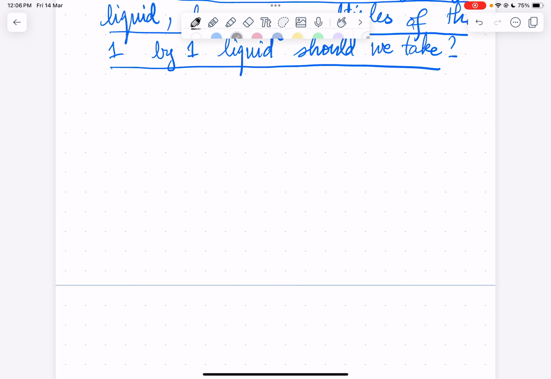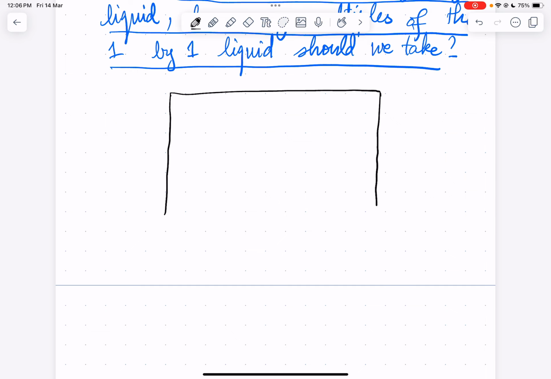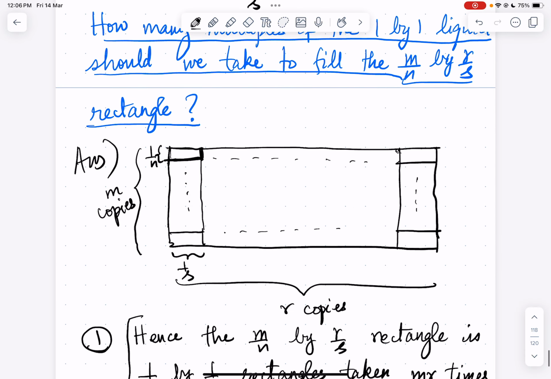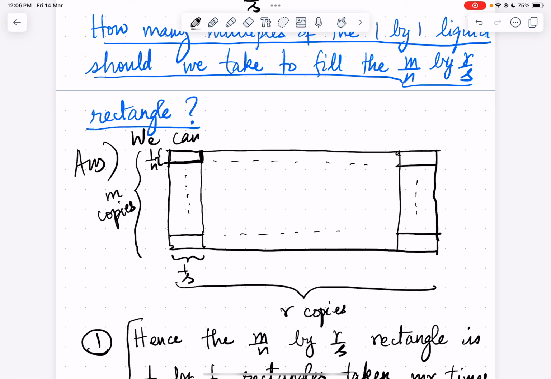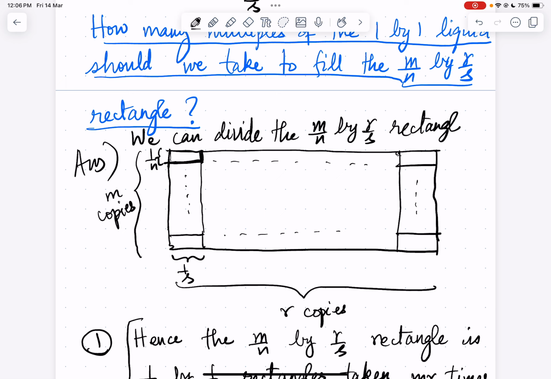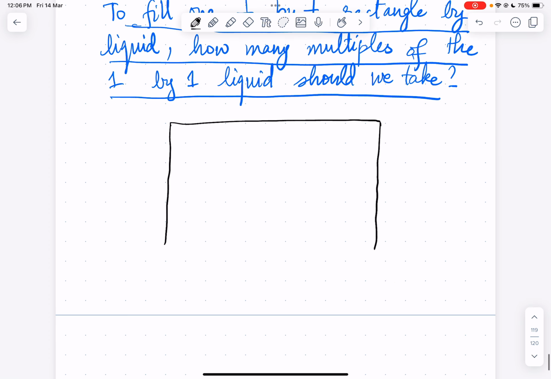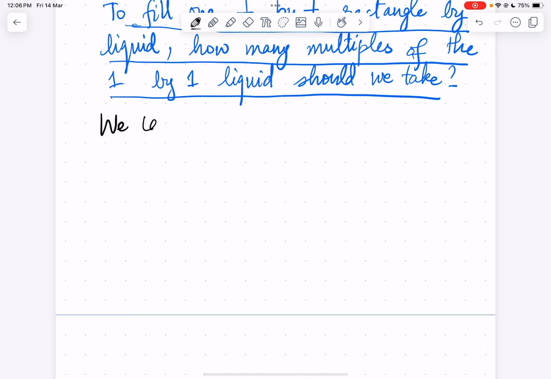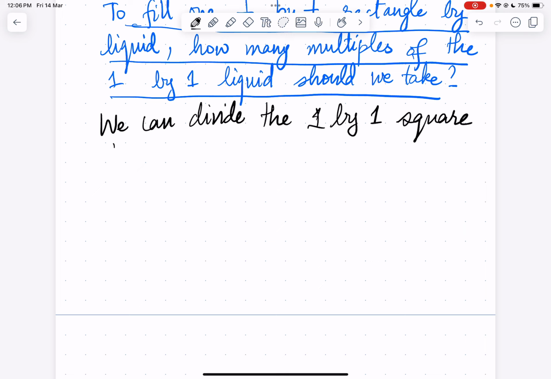Now we can divide the 1 by 1 square. We can divide the m by n by r by s rectangle like this, and now we can divide the 1 by 1 square as follows.